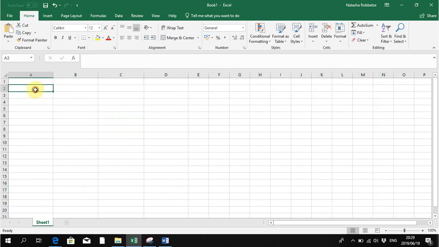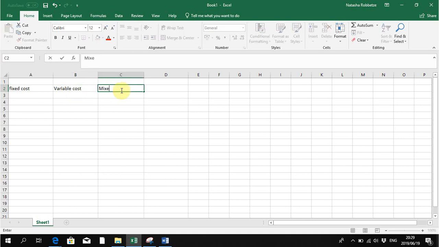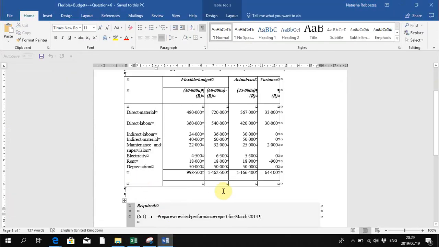So we have what we call a fixed cost, a variable cost, and a mixed cost. A fixed cost is very easy to detect because if you simply look at your question and the budgeted information given, not the actual cost, just the budgeted, you will find that the fixed costs are the same at every budgeted level.